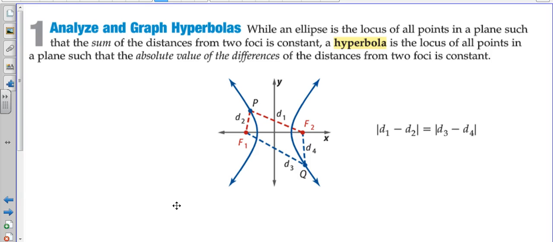This is the difference: the distance from any point on the hyperbola to one focus minus the distance from that point to the other focus. That is a constant. So it's more complicated in my little brain to come up with what that means.